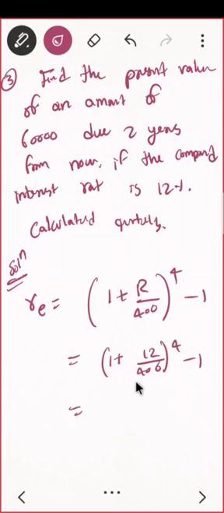How much will this be? 12 by 4, that is 3, so it is 1.03, and power 4 would be 1.03 raised to 4.